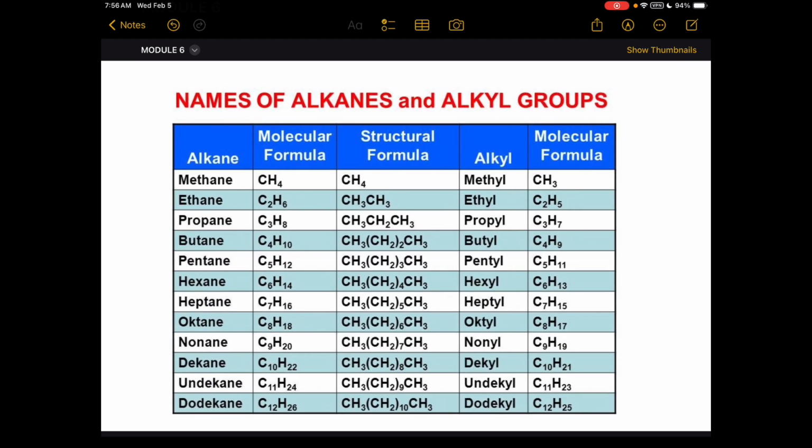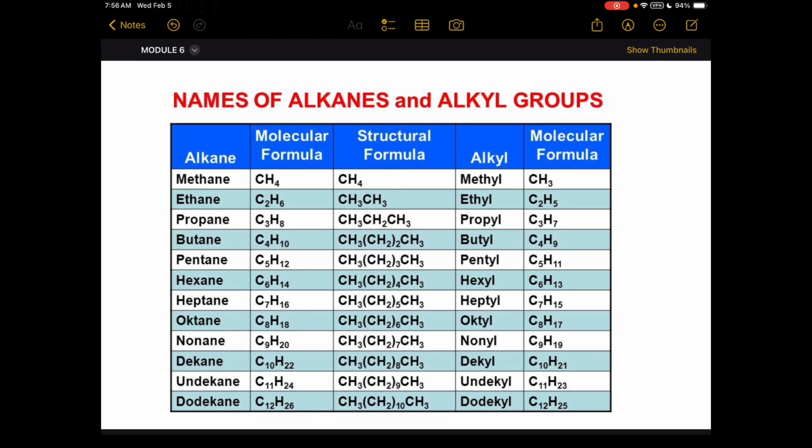If you get confused about how to name the R group, alkyl is the R that we will be seeing. It's very similar to when you have one carbon, we named it methane as an alkane. When it becomes alkyl, it's methyl, CH3, so you are removing one of the hydrogens. Then ethyl, propyl, butyl, pentyl, and it goes on. I just put this one there as a reference.